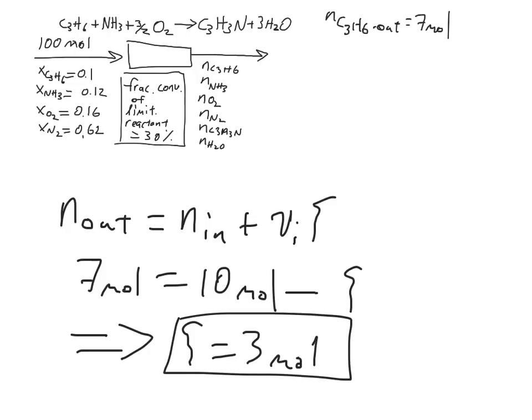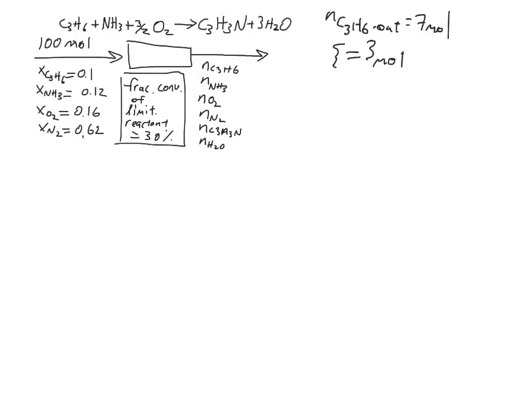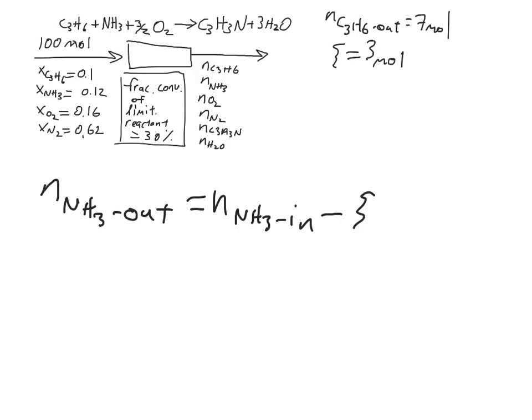And from here, it's very straightforward what we need to do to go ahead and solve for all the different species coming out of our system. So I've just rewritten the extent up here in the top right, and we just need to use our extent equations. So in this case, NH3 out is equal to NH3 in minus the extent, because the stoichiometric coefficient is 1, but it's a reactant, so it's -1.